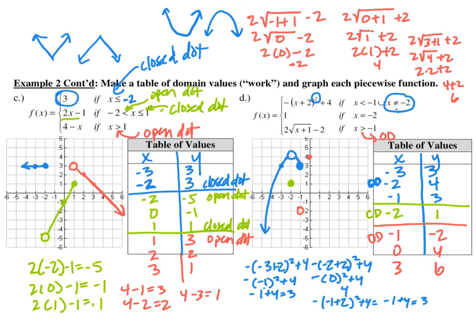And then 3, 6. And as you can see, this is a square root function. Square root function looks kind of like a curved arrow. So this is the best I can kind of do on that one. There you go. It's a weird looking function, but it is what it is. Piecewise functions are weird.